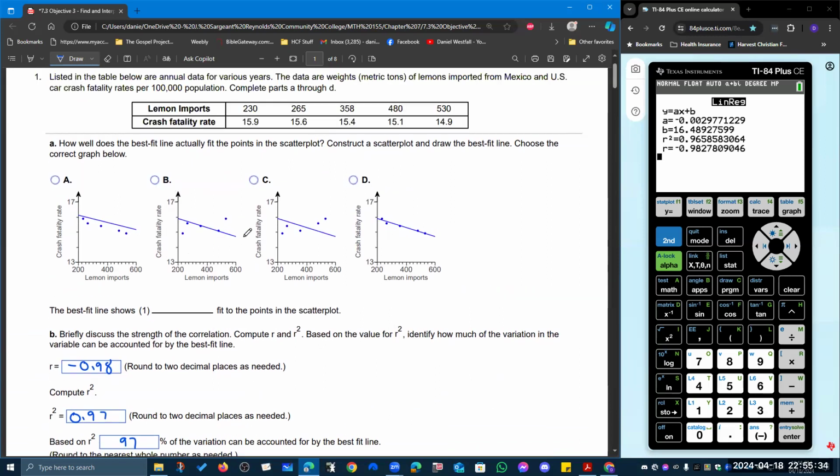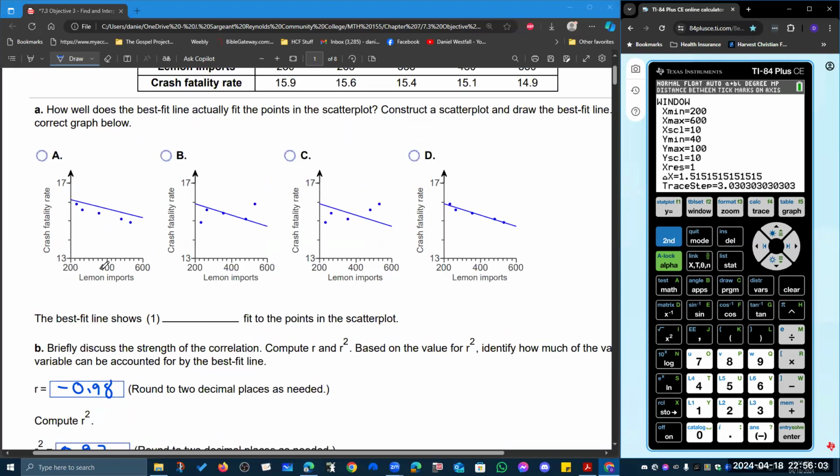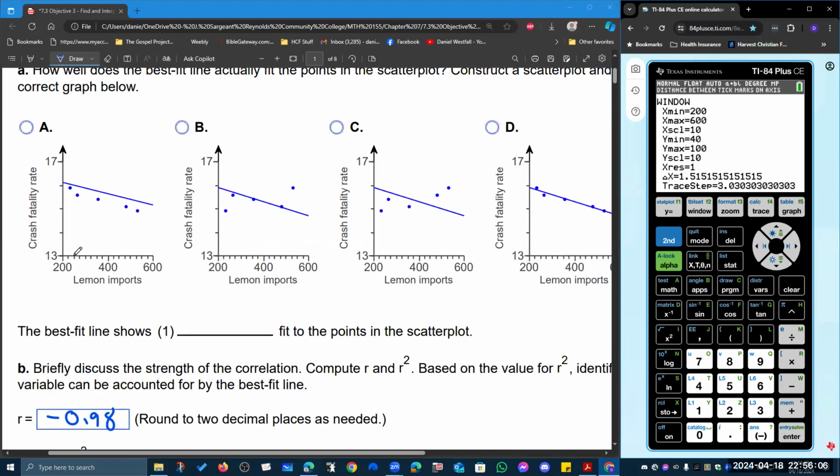Let's go ahead and figure out the graph here. Window, we're going to start with 200 on X and go to 600 on X. And we're going to go by, let's see, 1, 2, 3, 4, 5, 6, 8. Zoom in there just a little bit. 2, 3, 4, 5, 6.